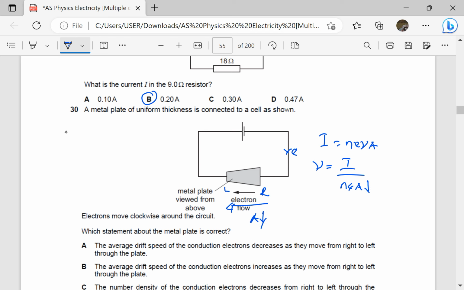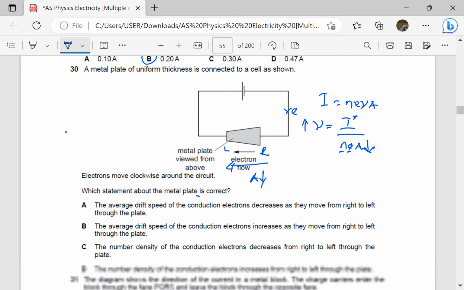And when the cross-sectional area decreases, it means the drift velocity must increase. The current is constant because all parts are like a single conductor, so the current is constant. n and e are constant, but the cross-sectional area is decreasing, meaning the drift velocity must be increasing.